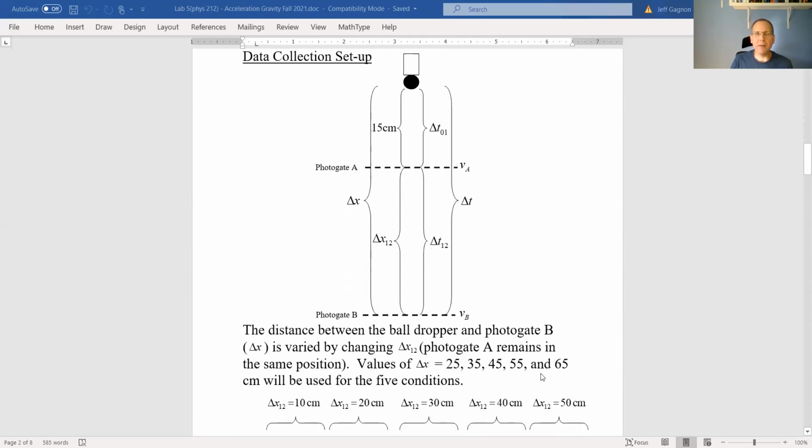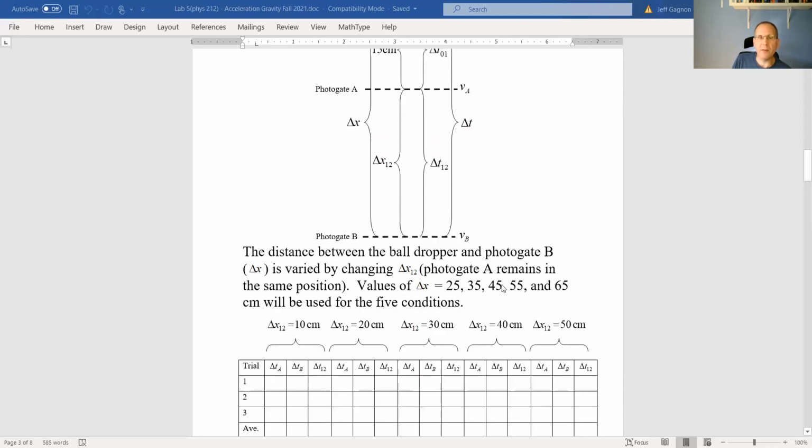Okay, then we have the data collection for the main part of the lab. So now photogate A is moved so that it's 15 centimeters below the ball dropper, and it's going to stay there the entire time. Photogate B is going to be at a certain distance below photogate A, and that's what this delta x12 is. So actually there are 5 conditions.